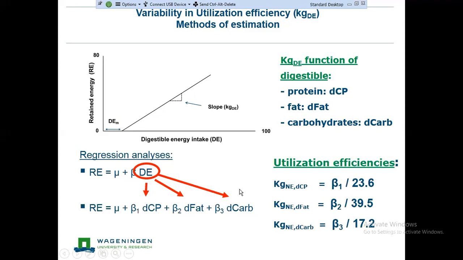In that way, we can calculate the utilization efficiency by dividing by beta 1, beta 2, and beta 3 for the nutrient energy values respectively. Then we have the utilization efficiency of digested protein, digested fat, and carbohydrate.